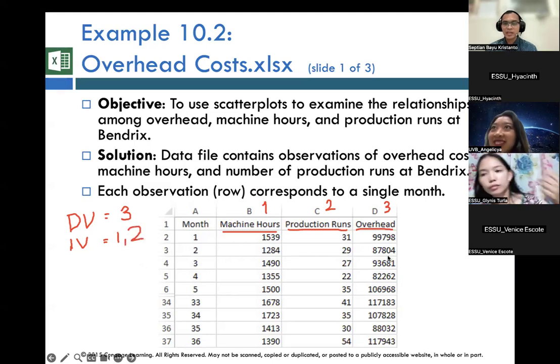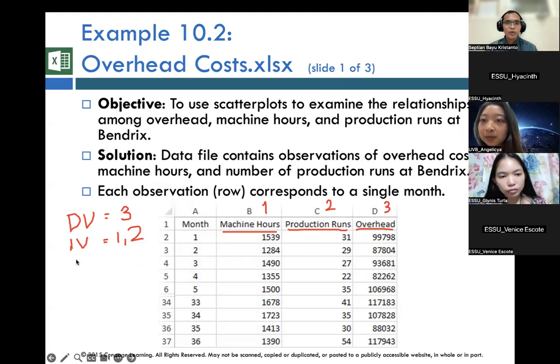So in this case, we can make two scatter plots: one for overhead and machine hours, and also one for overhead and production runs.